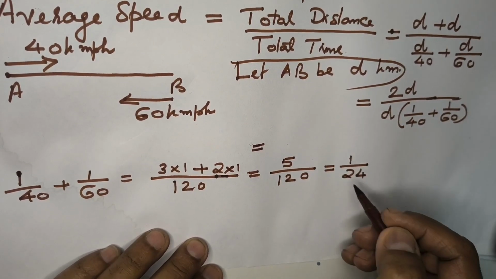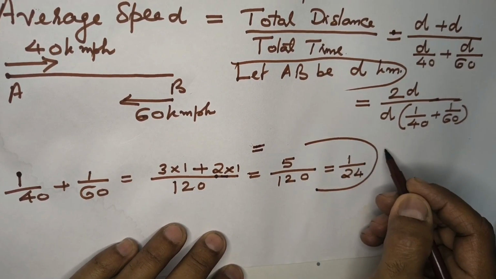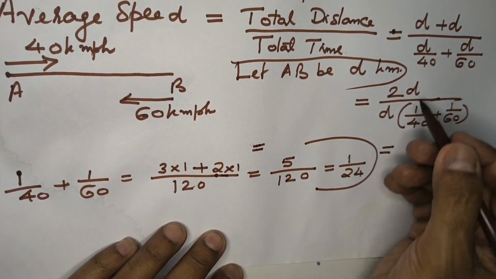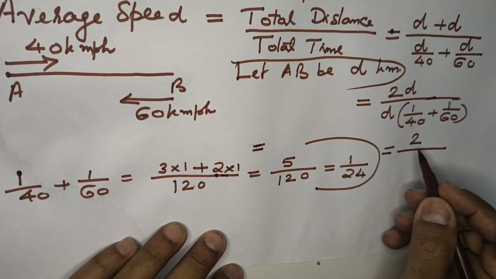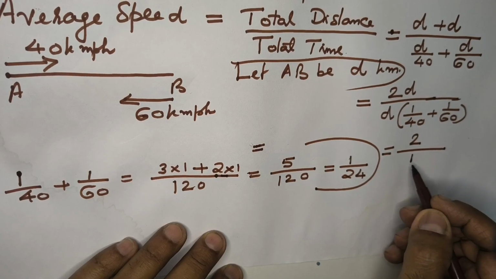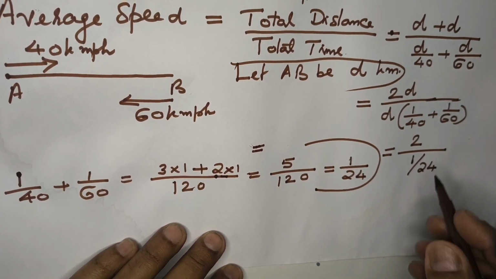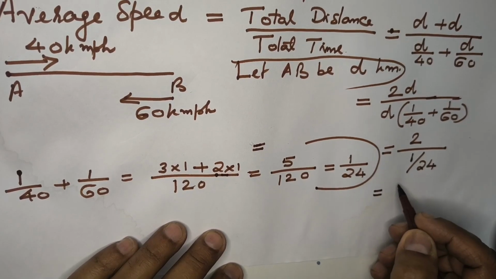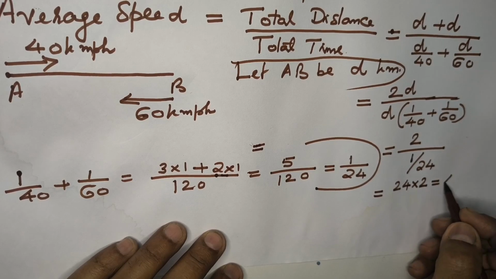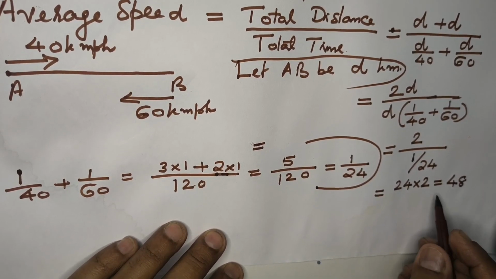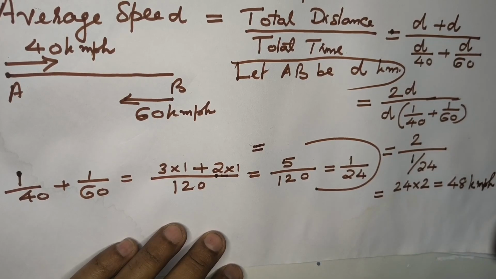So this is 1 by 24. Okay. Now let me substitute that here. D and D cancel. 2 will remain there and the denominator becomes 1 by 24. As you know, 24 will go up and you will have 24 into 2 and that is 48. So 48 kilometer per hour is the average speed.